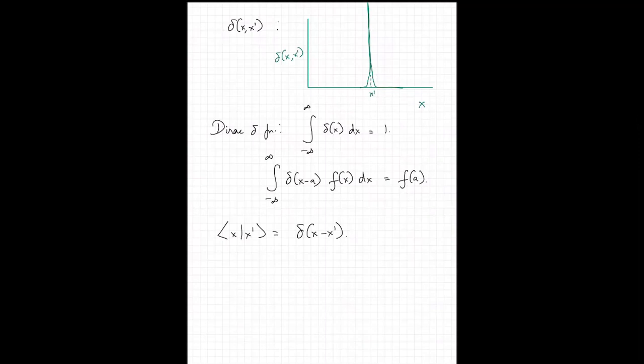Well, it's certainly 0 when x is not equal to x prime, but at the point x equal to x prime, it is an infinite peak. So we can only truly understand this under an integral symbol. Unless I write it under an integral symbol, the delta function and this overlap are not particularly well defined. So we say that this basis is delta function normalized.